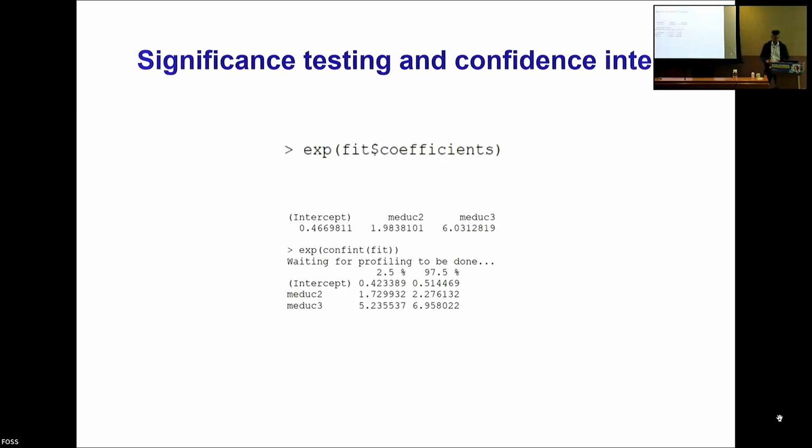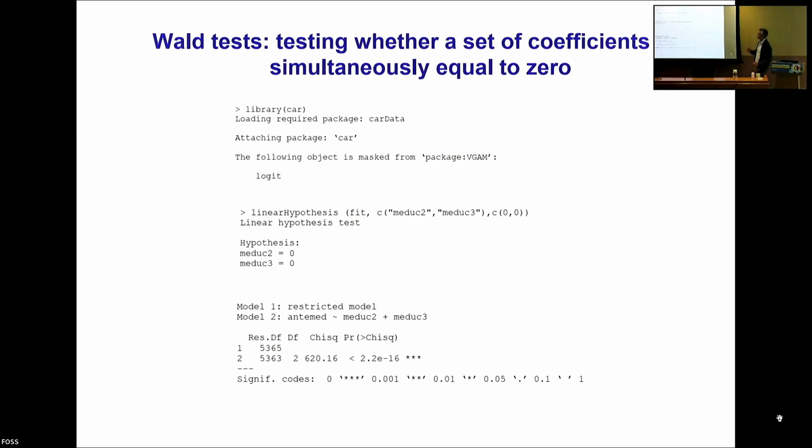We use a Wald test, and we can do that in R using this particular library, car. So we just type in the command linearHypothesis, and it will give us a hypothesis test for whether both of these education variables are jointly 0.